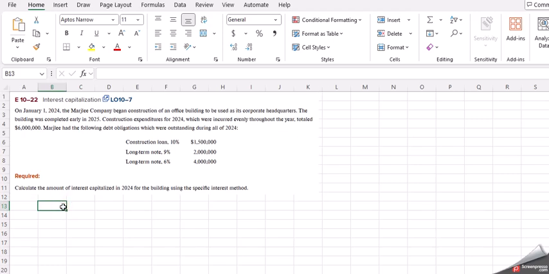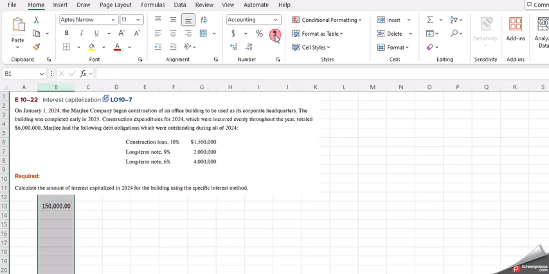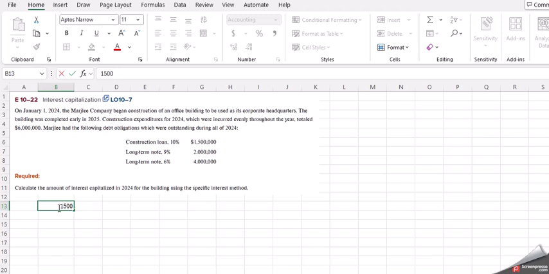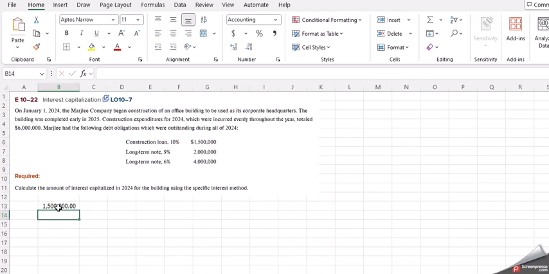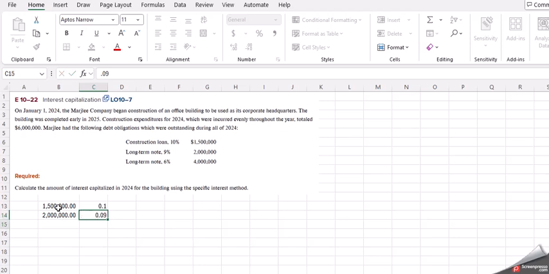Okay, so we have $1.5 million in the construction loan that is going to be at 10% interest. $2 million at 9%, and then a long-term note at 6%.